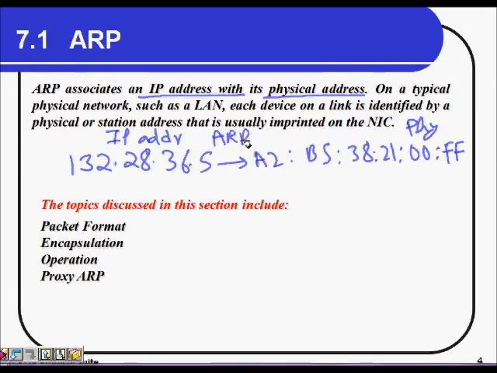This mapping is done by your ARP protocol. And why is it helpful? Because when we are sending packets on a LAN, we are sending frames, and those use the MAC address for communication. So the topics that we will discuss now for ARP are the packet format, because it's a packet where we have the fields that will be used for communication.